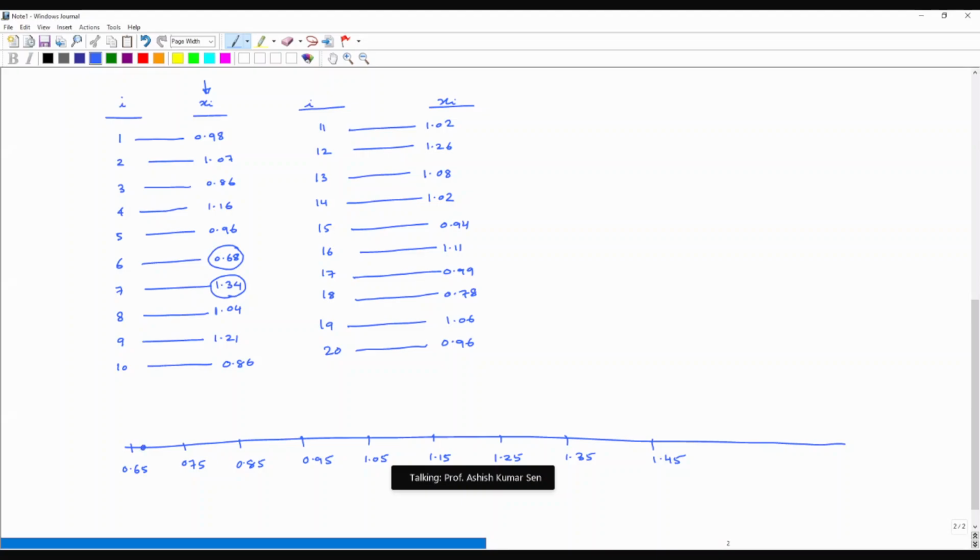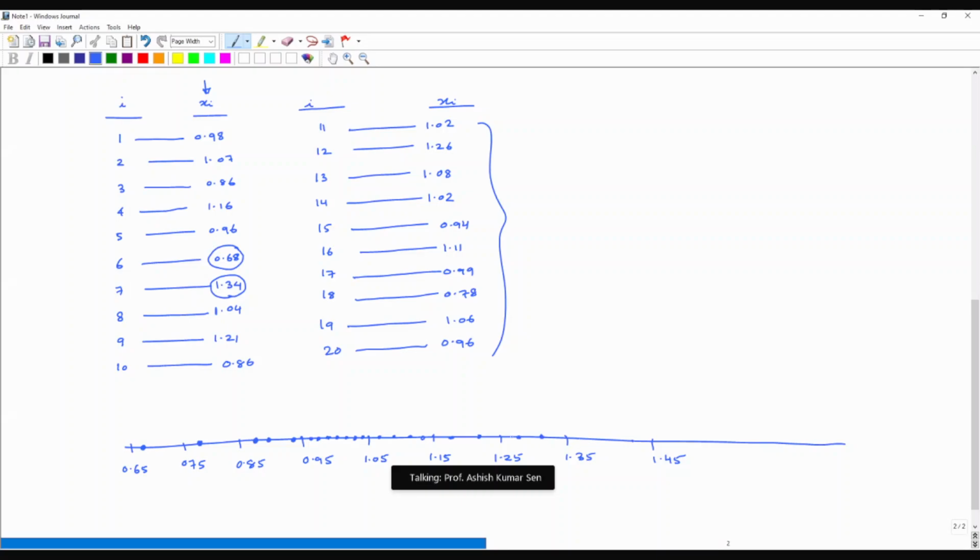I would basically have 0.68 here, then this data here. I'm just placing these 20 data points here on the scale. Then you have, yeah, 1.34 is the highest.